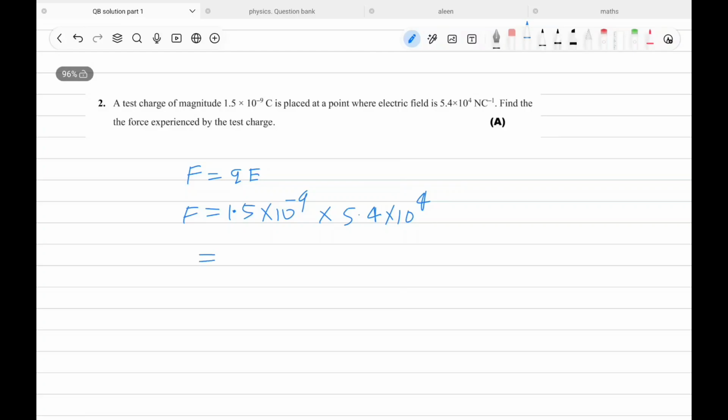Now multiply both of these, it becomes 8.10 into 10 to the power minus 15 Newton force. Simple. That's all.